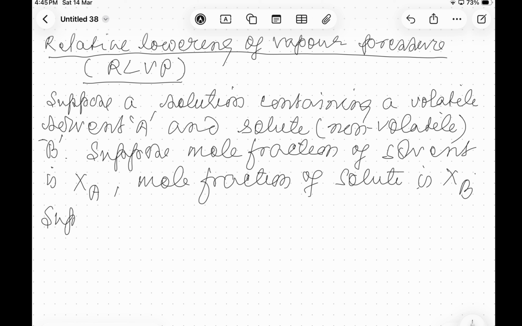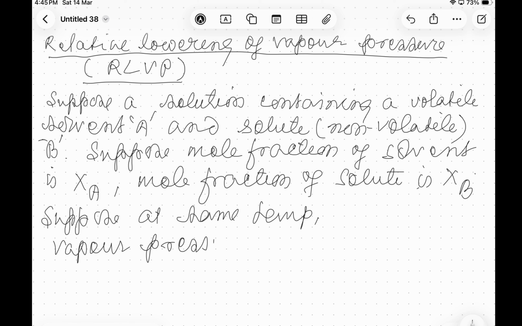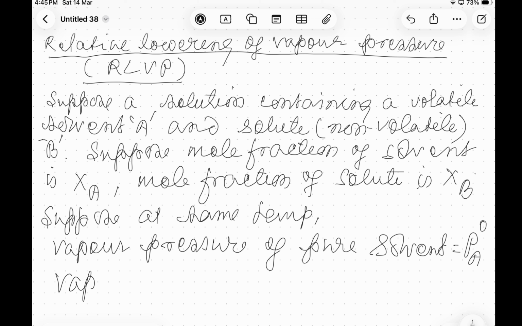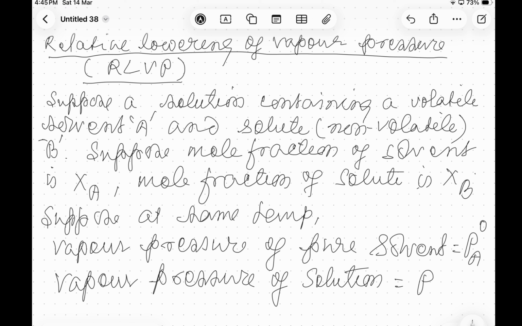Suppose at same temperature, vapor pressure of pure solvent is equal to PA naught, and vapor pressure of solution containing non-volatile solute is PS.